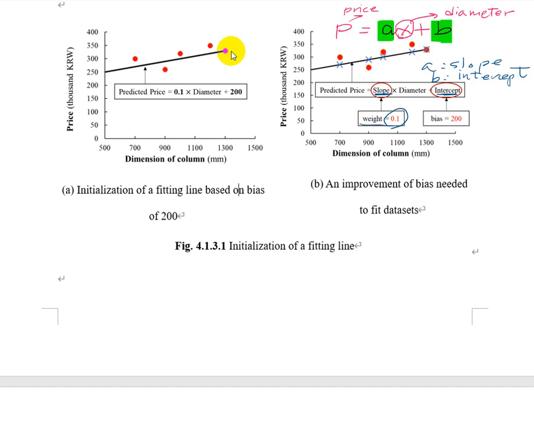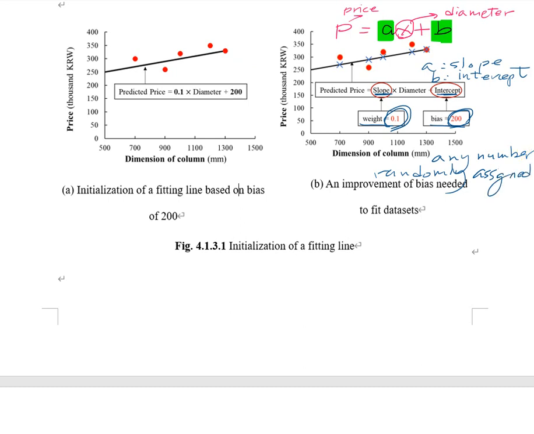0.1 for weights, that's the slope of the line that you are initializing, and bias is equal to 200. So this is a random number. It could be any number, randomly assigned.